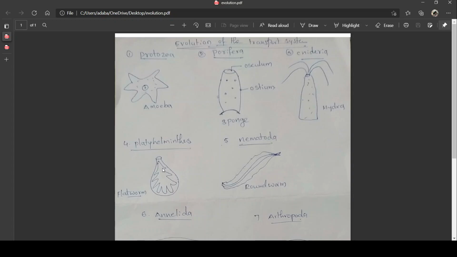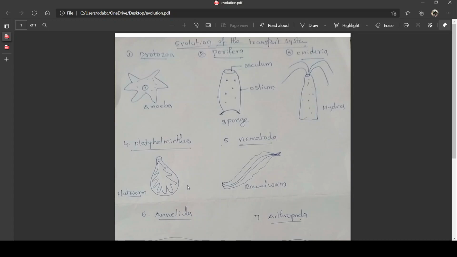Fasciola hepatica is the best example of Platyhelminthes. This is the digestive system. It is highly branched, just like a tree, and it supplies the digested food to all the cells directly.